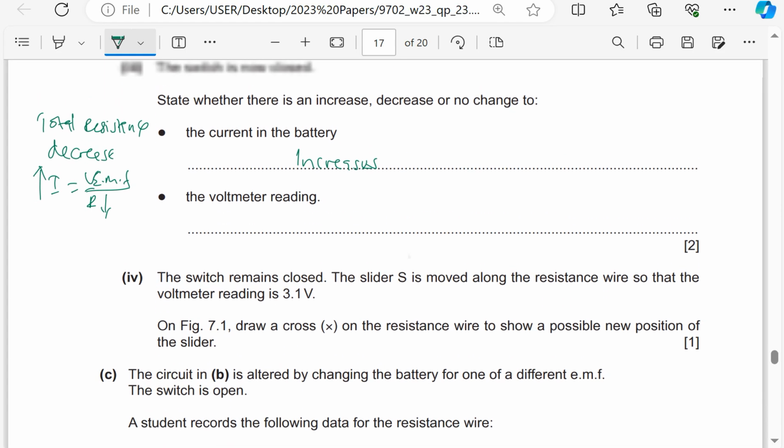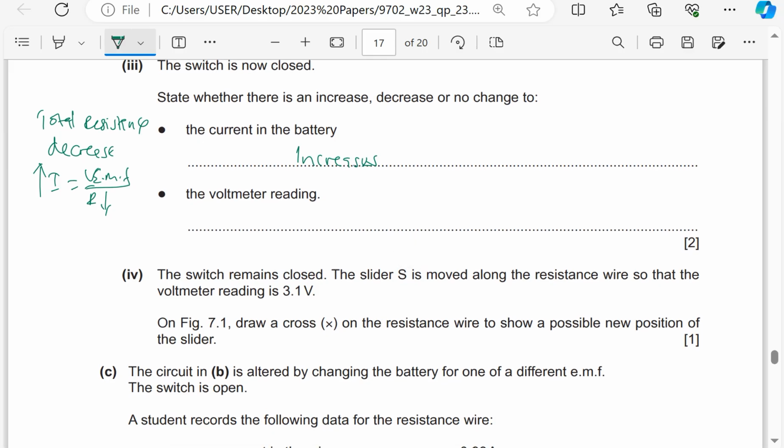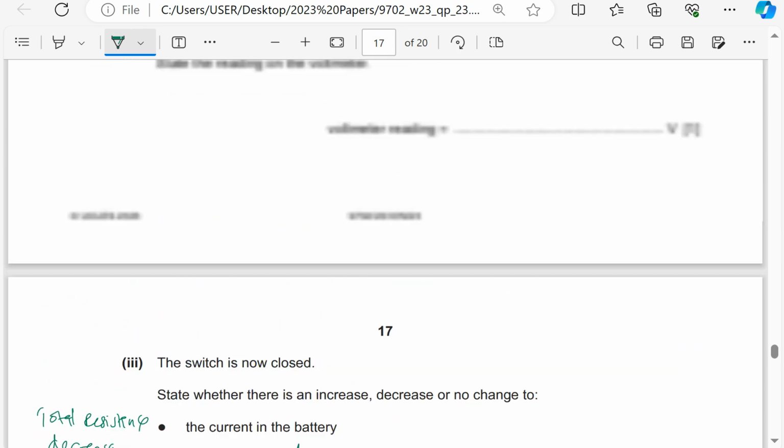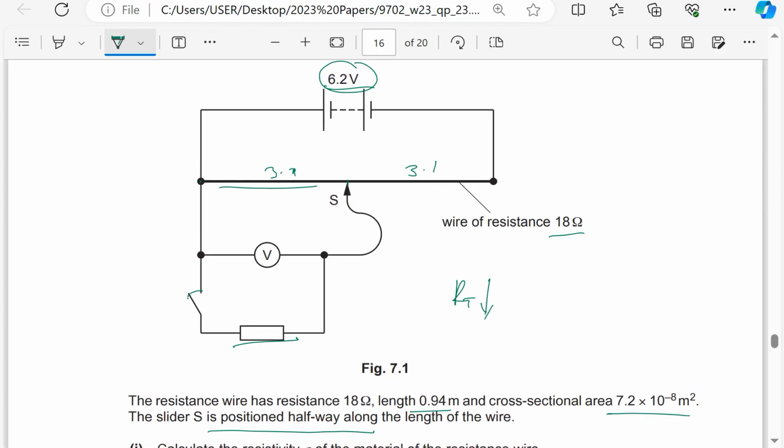Then the voltmeter reading. The voltmeter reading is actually the PD across the parallel combination. Since the current in the battery has increased, it means the PD for this part here becomes higher.